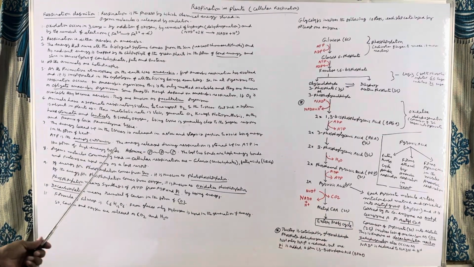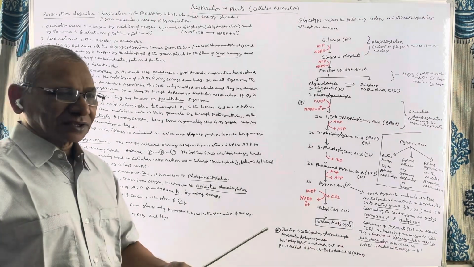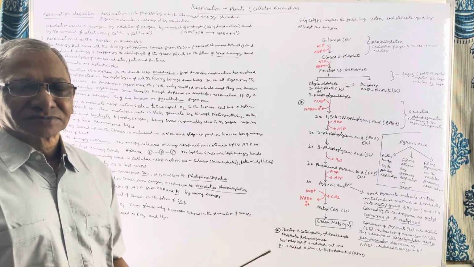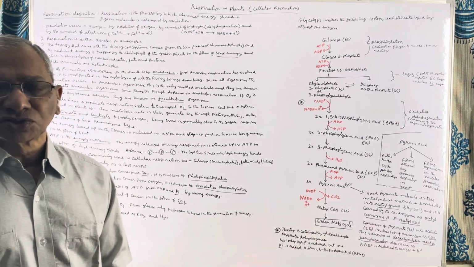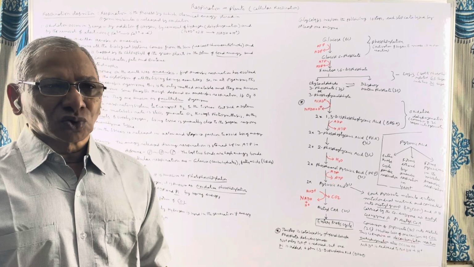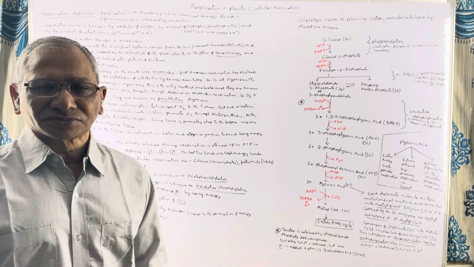Then, the organic compounds used in cellular respiration are generally carbohydrates. And the starting point in glycolysis is always glucose. If glucose and glycogen are exhausted, then fatty acids are employed.